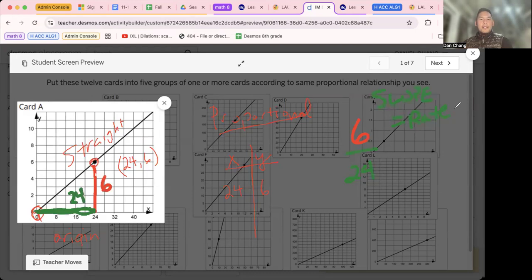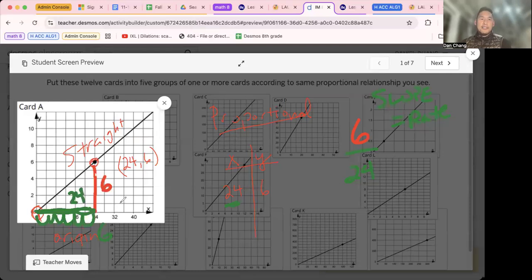One thing that I want you to pay attention to, we didn't quite go over this yesterday: I am not counting squares on the x-axis. This is key. On the x-axis, this is 24, not 1, 2, 3, 4, 5, 6. This is not a slope of 1.